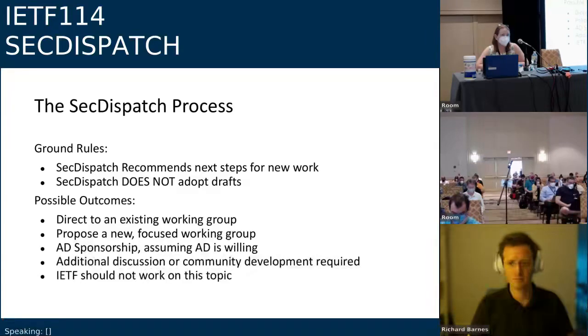If that's possible, that's ideal. Propose a new focused working group if it's a small body of work, and there could be a recommendation for a mailing list or a BOF. AD sponsorship if it's an individual draft and doesn't have the need for a larger format. It might be that the draft requires additional discussion, and so that's a possibility, and there could be a mailing list just for that, or continuing on the Secdispatch list. And then also that the IETF may not work on something as the outcome.